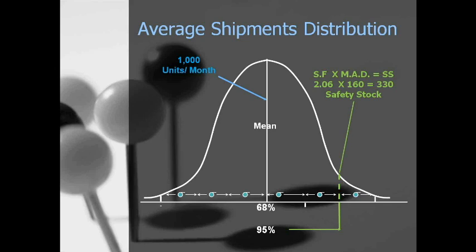If you could get our sales and marketing folks to use a different forecasting technique that could spot those types of anomalies before they happen, then your safety stock, based on this calculation, would be lower because your mean absolute deviation would be lower.